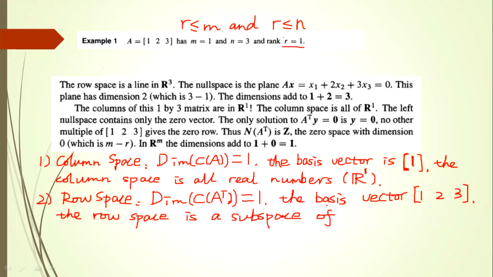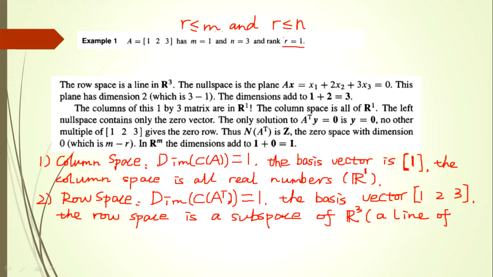Think about the vectors in the row space. How many components does the basis vector have? It's a vector with 3 components, right? Actually, that is a line in R3.